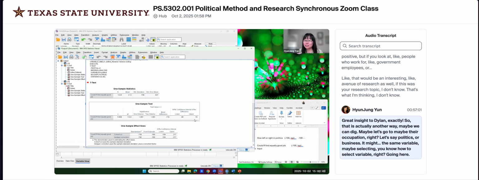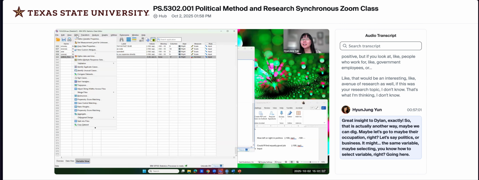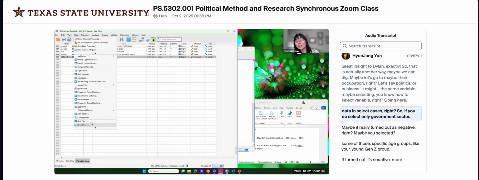Great insight, Dylan. Exactly. So that is actually another way we can dig. Maybe let's go to their occupation, right? It's politics or business. It might be the same variable. You know how to select variables, right? Going here, Data and Select Cases, right?